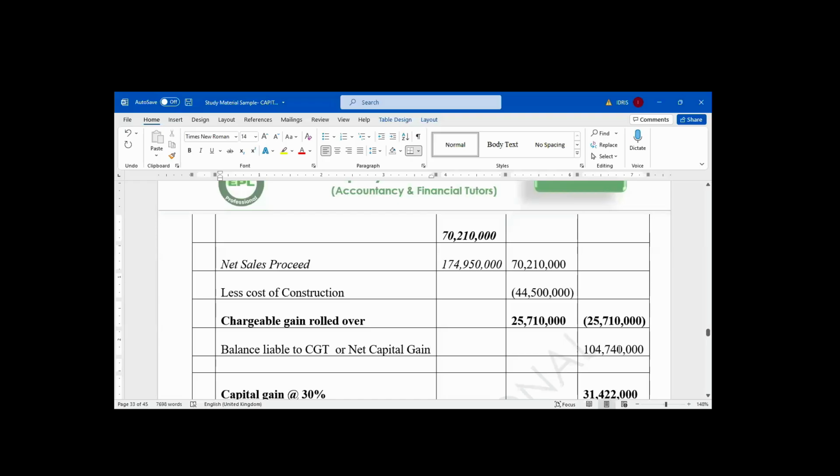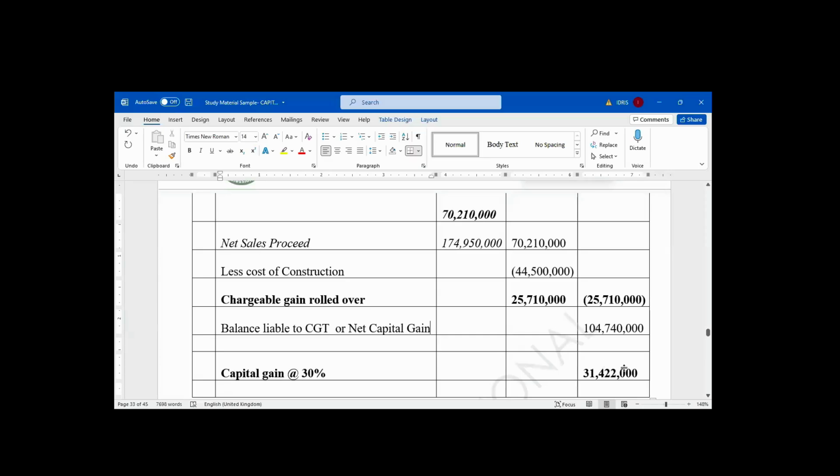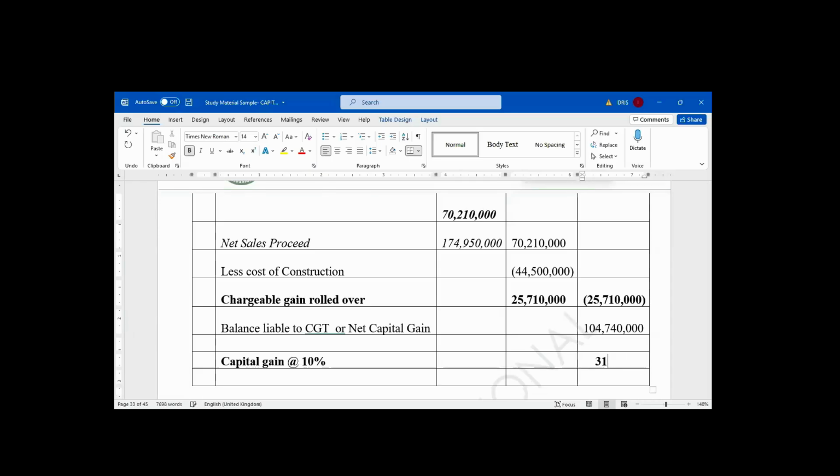It is this net capital gain that you pay capital gain tax on, at 10%. 10% of 104,000,000 is 10 million, and so on, giving 10,474,000.